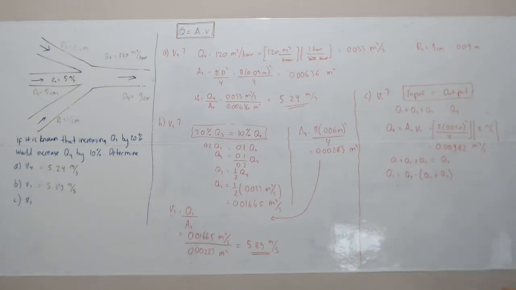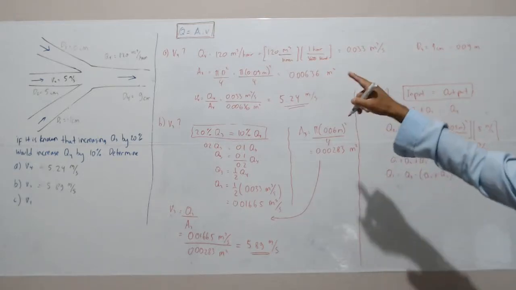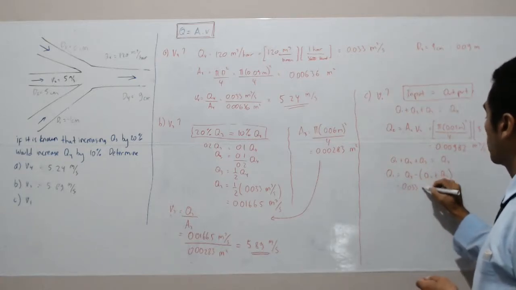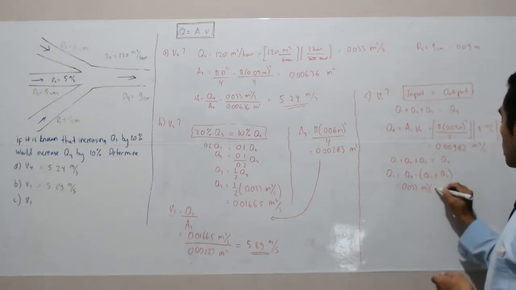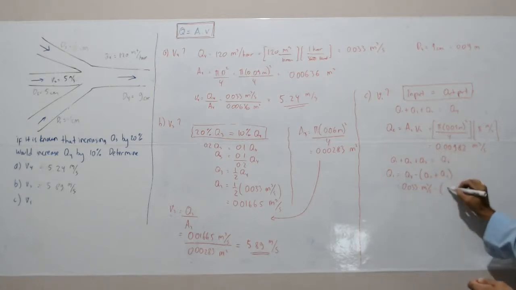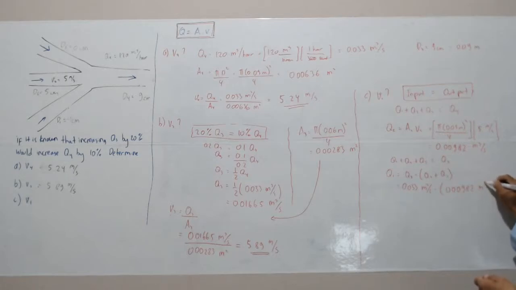So Q4 is 0.033 cubic meter per second, minus Q2, which is 0.00982 cubic meter per second, plus Q3, which is 0.01665 cubic meter per second.